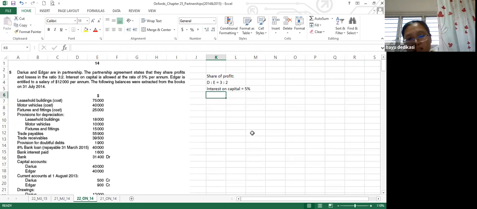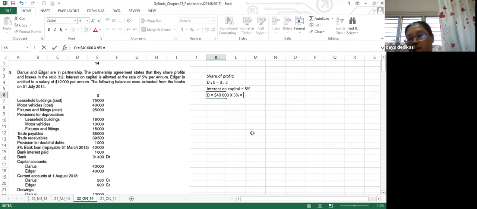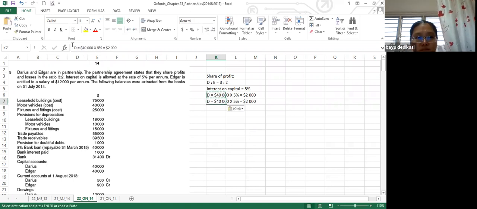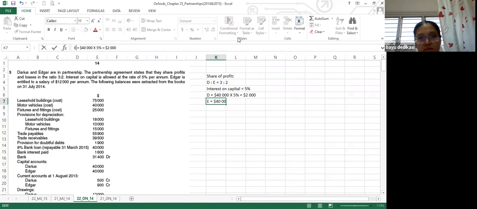So in this case, D will get 40,000 times 5%, which is how much? 40,000 times 5% is 2,000. Okay, and then E is another 40,000. So same capital amount. This is for E.